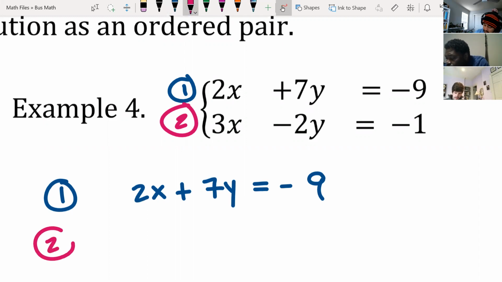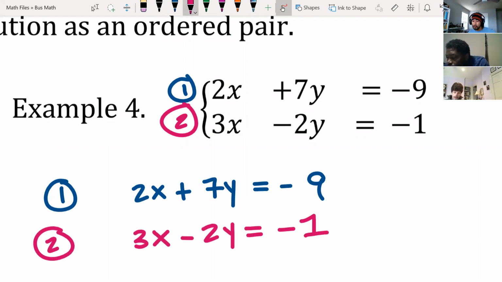And then equation 2, 3x minus 2y equals -1. Okay, and now here is where you're given all the power. The first thing you should ask yourself is, which variable do you want to eliminate? So I'm going to leave it up to you guys. What variable do you want to eliminate, x or y?